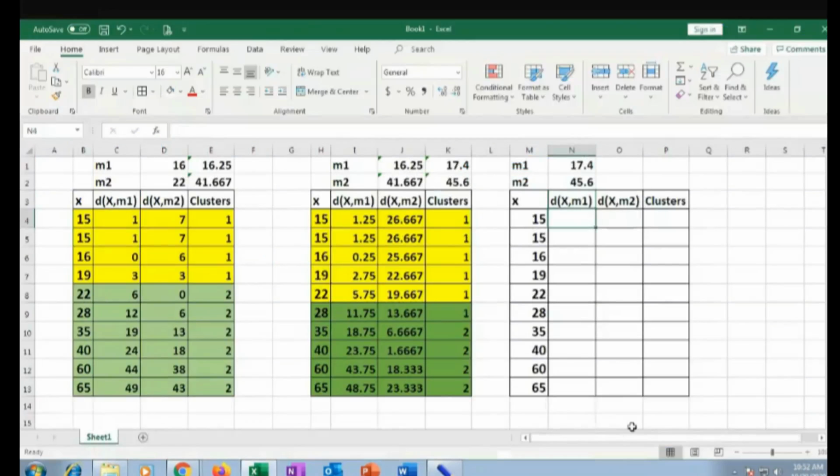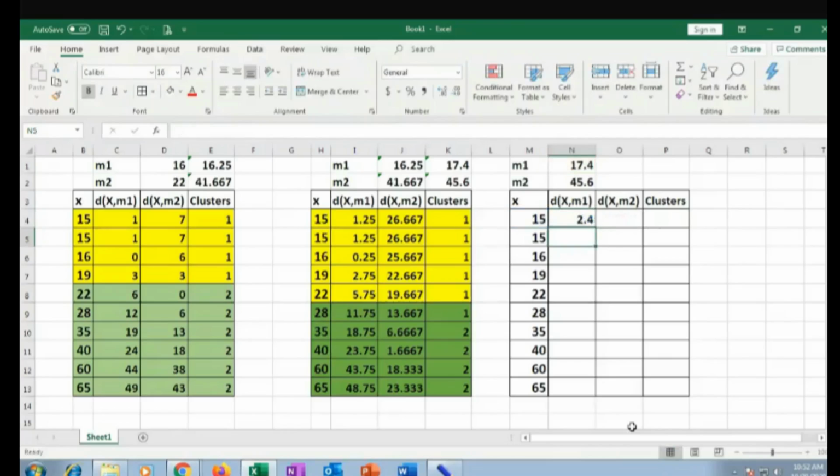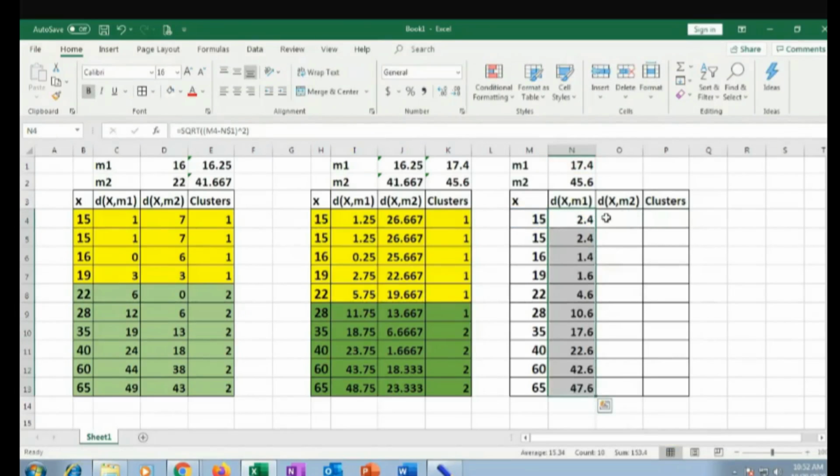So now I will calculate the square root of this minus m1, and then the square of this. Again I will put a dollar here so that it will be relative addressing, and then drag it.